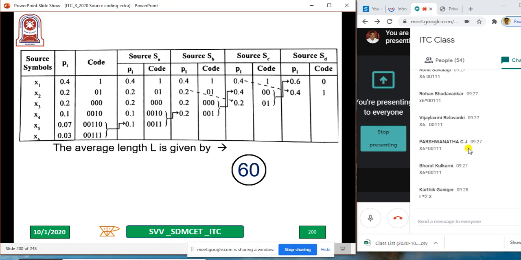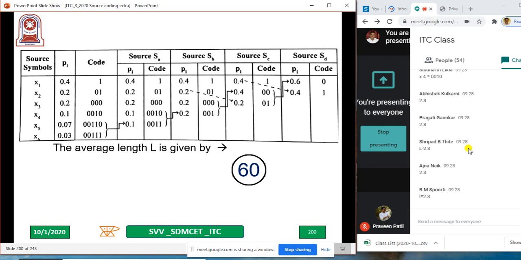Average length: Karthik Gangir has typed 2.3. Bharat Kulkarni has typed X6. Parshvanath has typed 2.3. Pragati has typed. Abhishek Kulkarni has typed. Adnya has typed 2.3. Spurti, all are typing 2.3. Charan, Praveen, Nivedita, Shivani, Shilpa, all are getting the same. Simran also got 2.3.